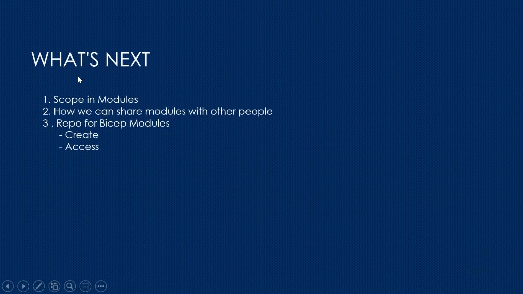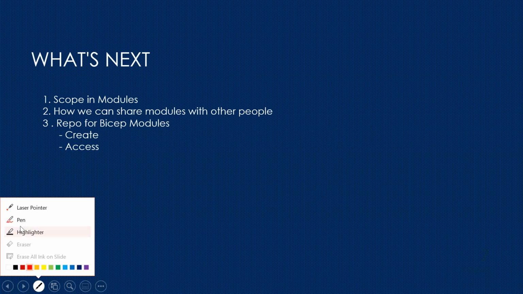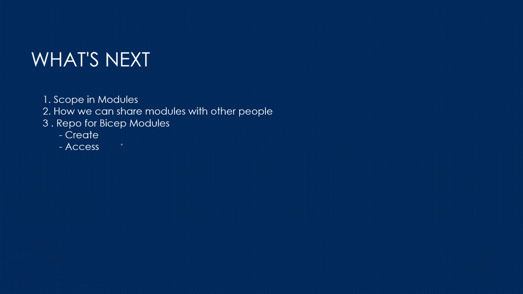So what next? In my upcoming video, I'm going to talk more about the scopes in my module, and also how you can share your bicep files with others, within your organization or with your different teams. That is, you will create a repo.